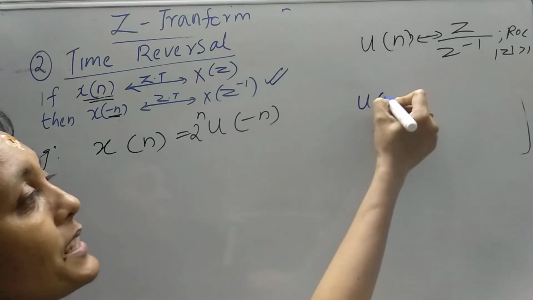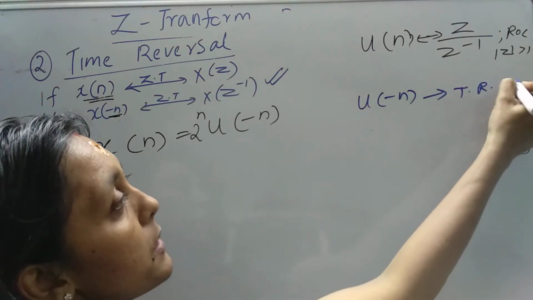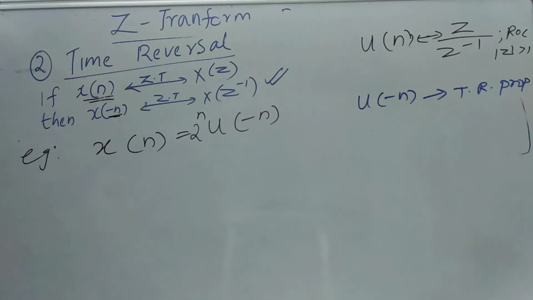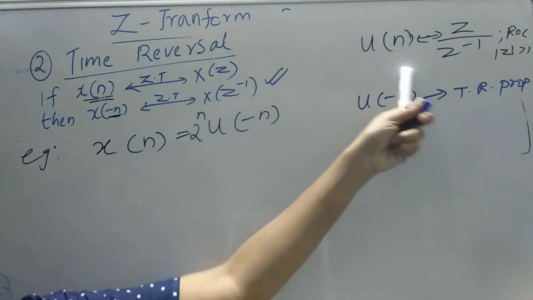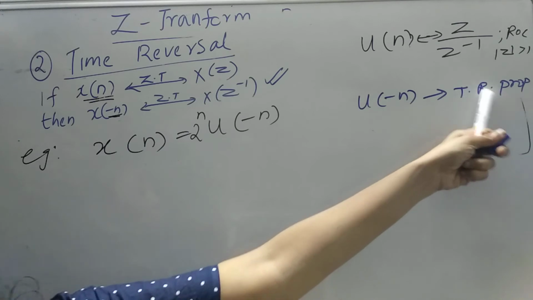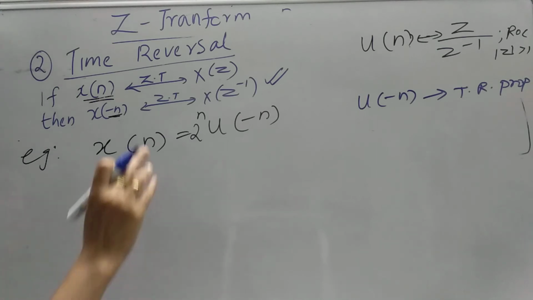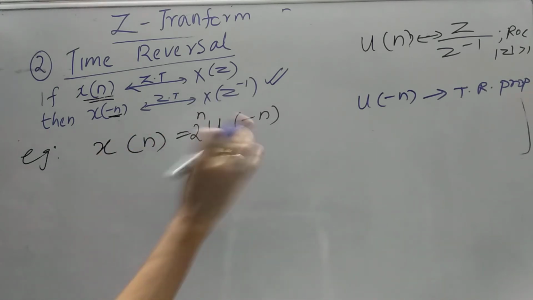When a u of minus n type signal comes, we use the time reversal property of the z transform. Now here we already studied a raised to n u of n.